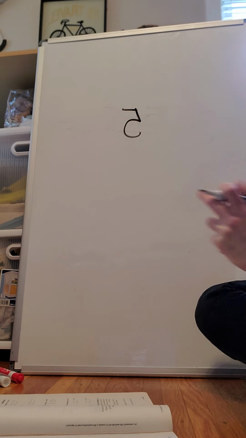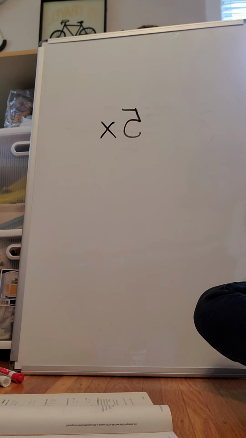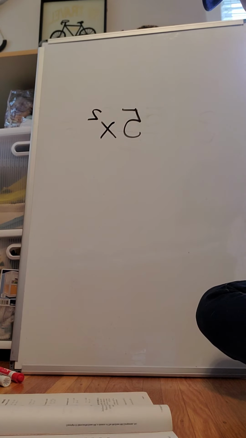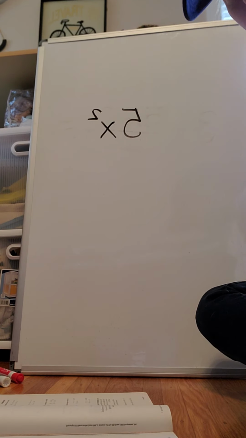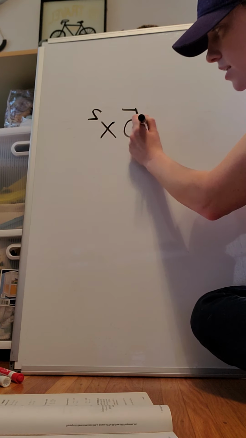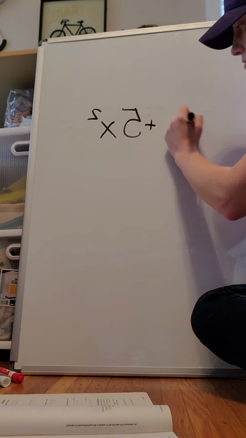We know that if it's multiplied by a variable, still a monomial. And if that variable has a power, that is still a monomial. It turns into a polynomial when it is being added to another monomial.